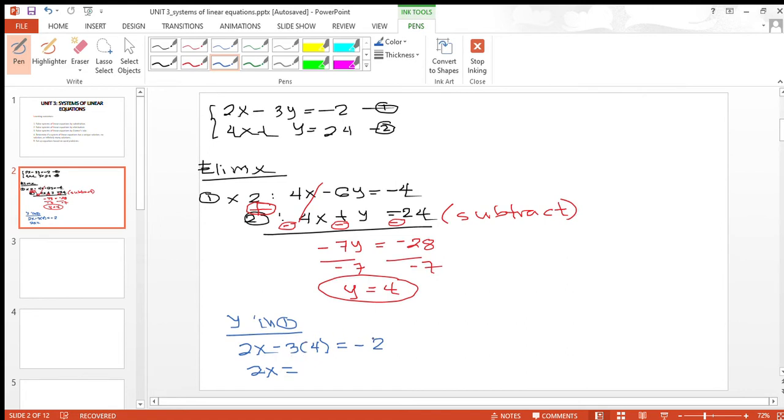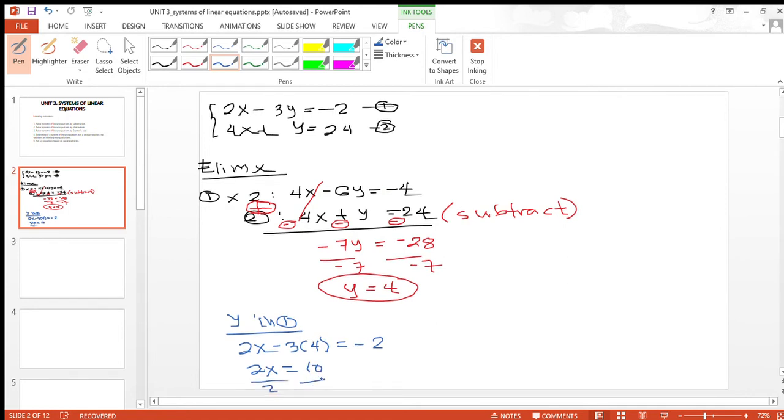Transpose it to the other side: that becomes positive 12 minus 2, which is 10. Then divide both sides by 2. We get x is equal to 5. And that now should give us the solution set. Ordered pair x, y: x is 5 and y is 4. And that should now be our final answer.